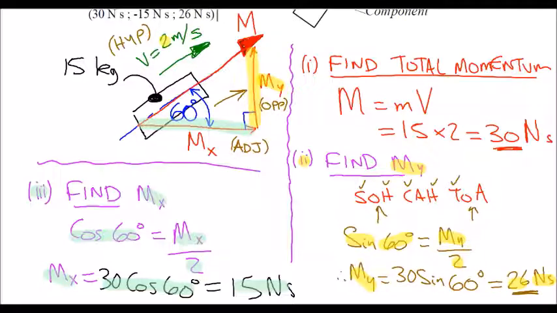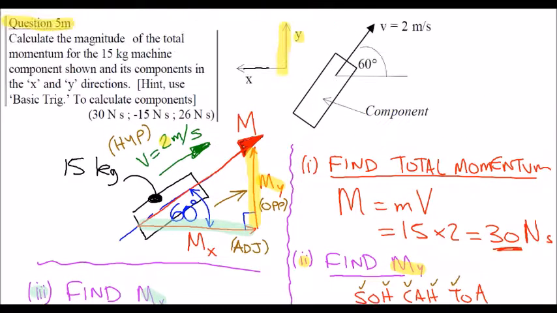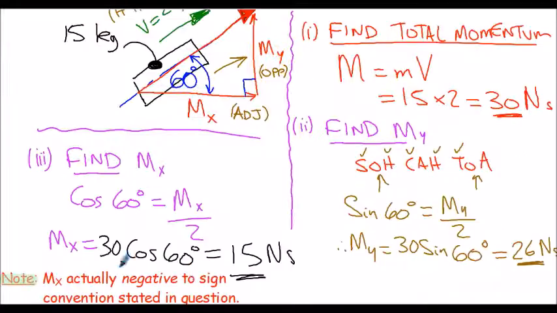So notice the answer in the question is a negative 15, and that's because our component is going from left to right, but the positive notation for x is shown as right to left. So the magnitude of the momentum component in the x direction is 15 newton seconds, but its actual value is negative 15 in the answer.